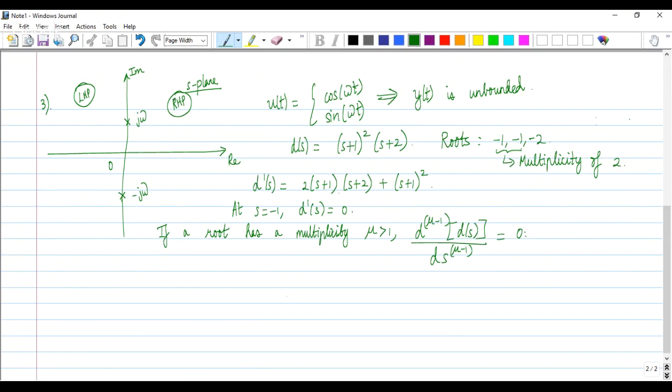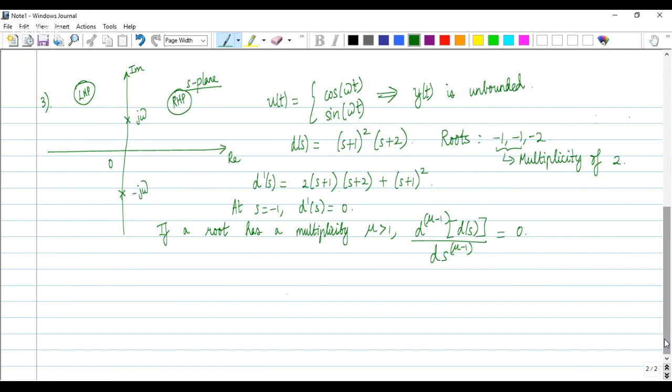Let me write it carefully. So what it means is that d of s will be 0, first derivative will be 0, second derivative will be 0, till the mu minus 1 derivative. That's one way to figure out the multiplicity. So that's how we find multiplicity.